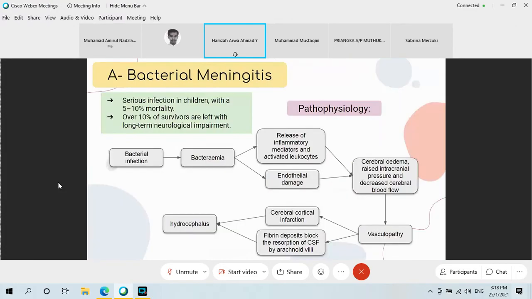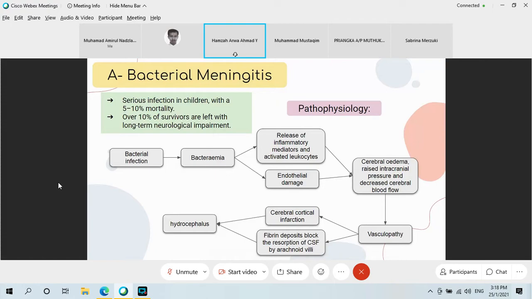Bacterial meningitis is a serious infection in children with a 5 to 10% mortality, and over 10% of the survivors are left with long-term neurological impairment. It is characterized by a continuous fever. The pathophysiology is that the child gets the bacterial infection and there is going to be a bacteremia.